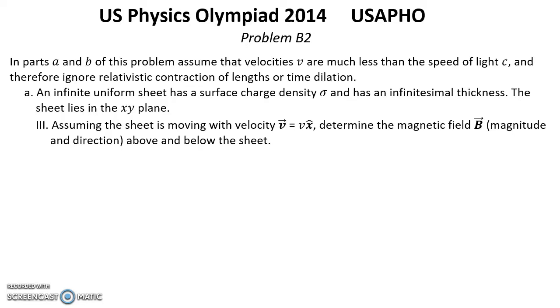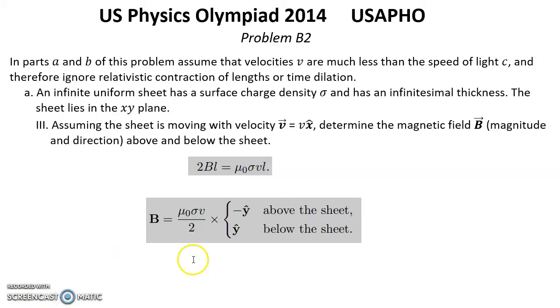From Ampere's law applied to a loop of length L normal to the x direction, we have this equation to determine the magnetic field B. To get the current, note that in time t, an area vtL moves through the loop, so a charge sigma vtL moves through. Then the current through the loop is sigma vL. Applying symmetry, we have this solution for the magnetic field.